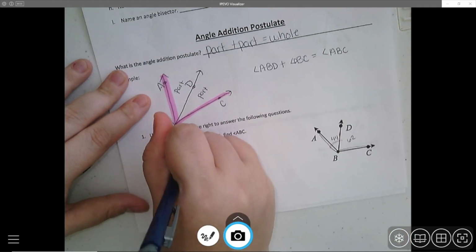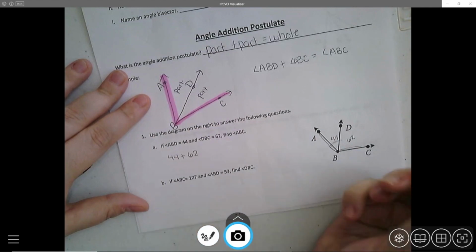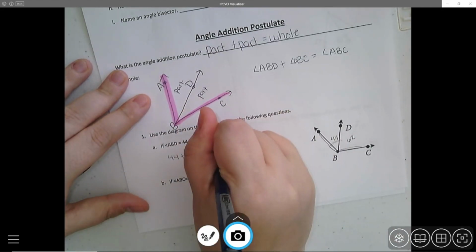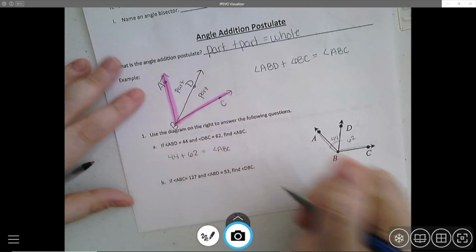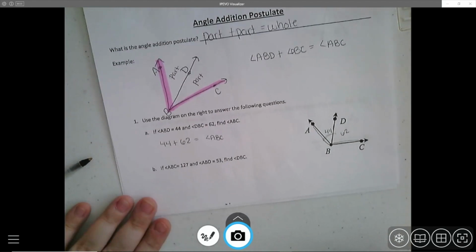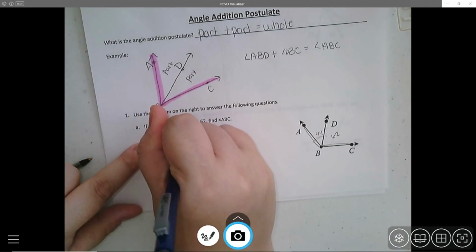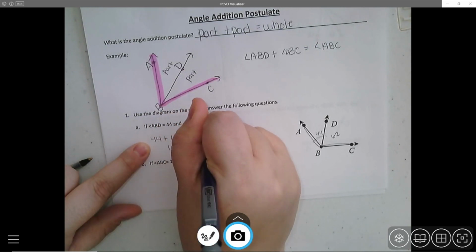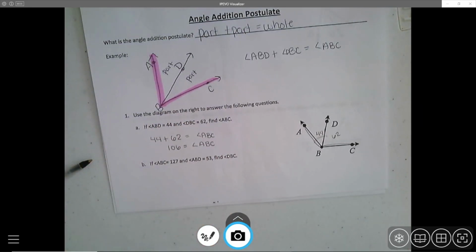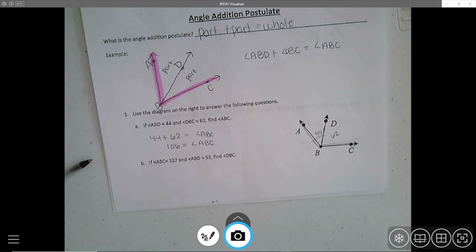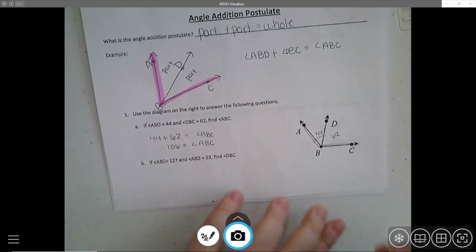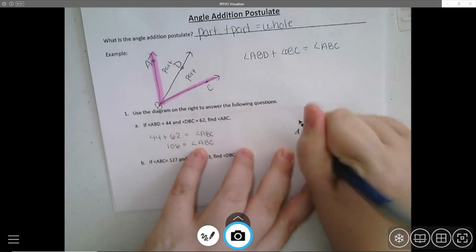So 44 plus 62, those are my two parts, equals angle ABC, which is the whole thing. Okay? 106 equals angle ABC. All I did was I combined 44 plus 62 equals ABC. ABC equals 106.